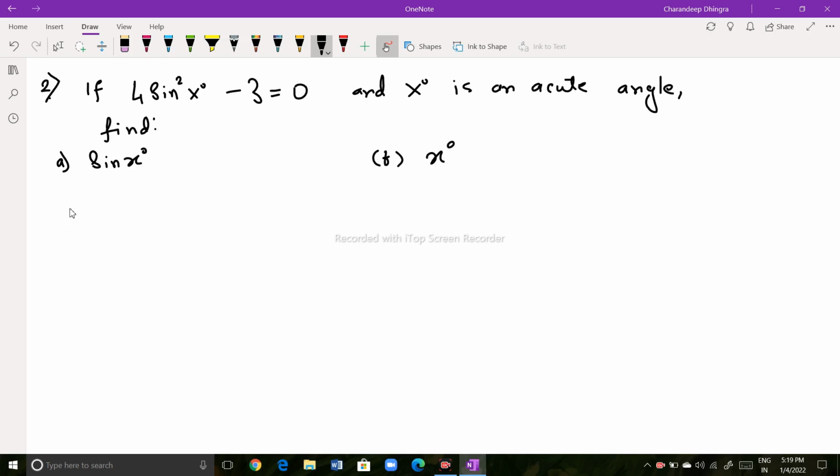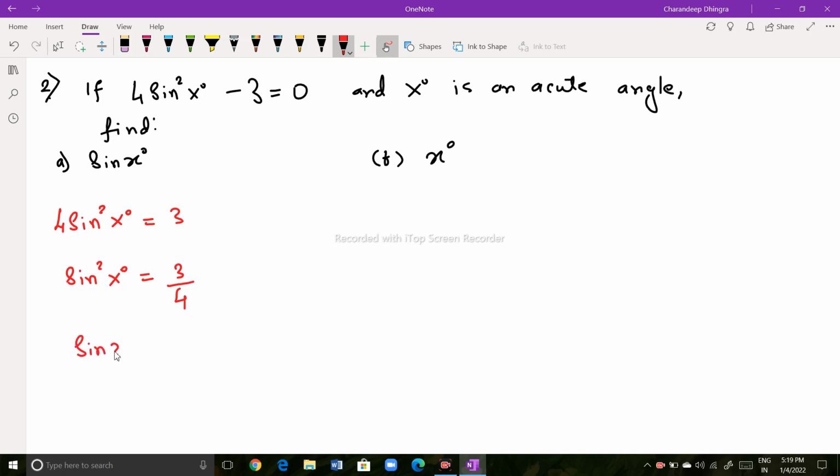Okay, so let's start off with this one. We'll use this equation. We'll write 4 sine square x degrees is equal to 3. So sine square x degrees is equal to 3 by 4.